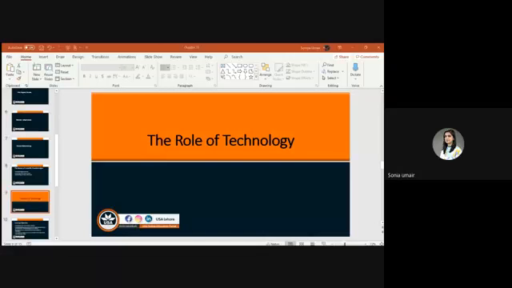Let's have a quick recap, and then we will discuss what we are supposed to do in our interactive lesson. In our last session, we were talking about the impact of technology on society and human beings.